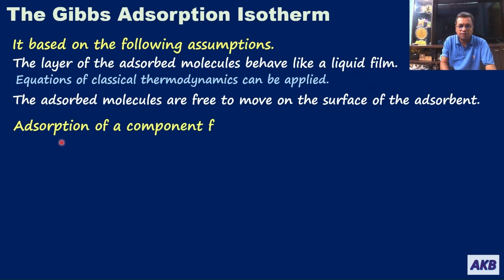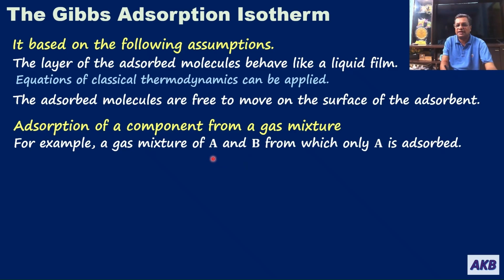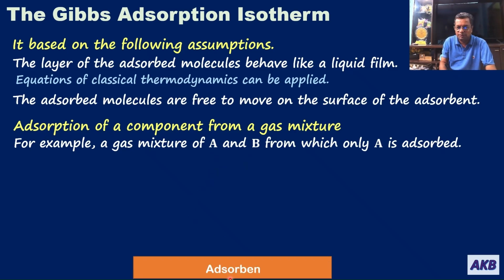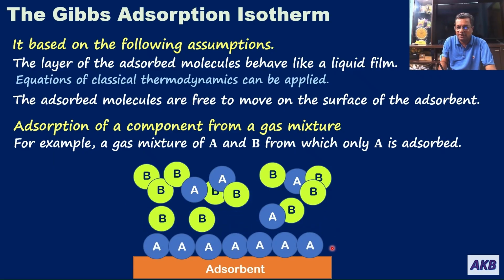So we are going to consider a case of adsorption of a component from a gas mixture. For example, a gas mixture of A and B, from which only A is getting adsorbed. So this is the adsorbent, and now it is contacted with a gaseous mixture of A and B, and A is going to get adsorbed on the surface. The adsorbed layer will behave like a liquid film.